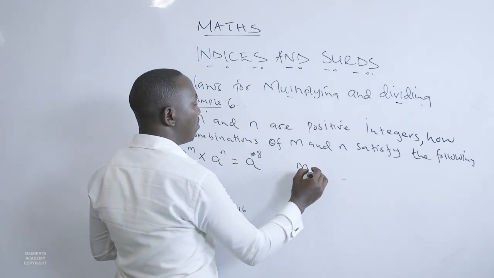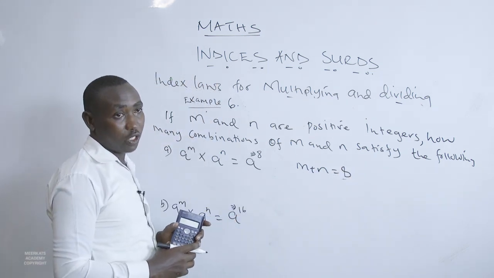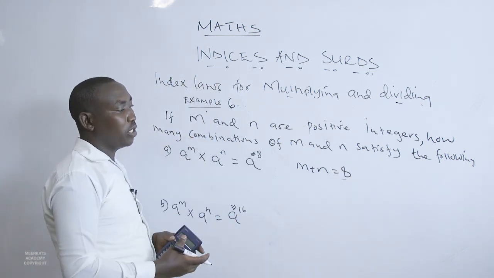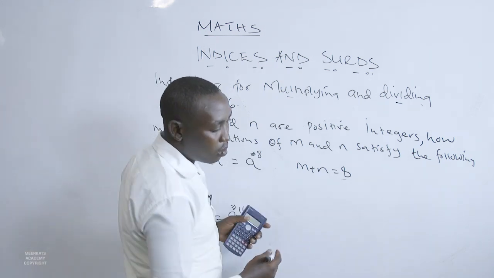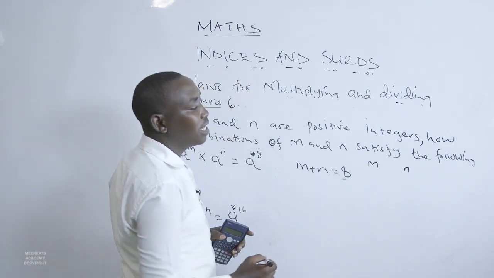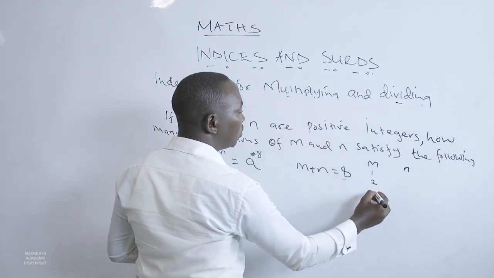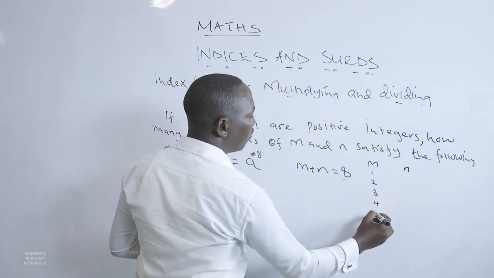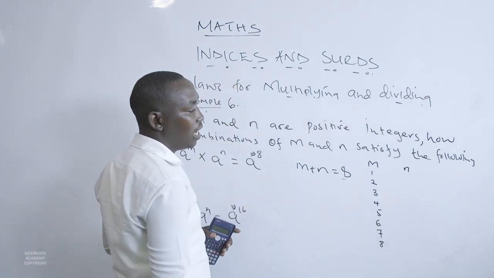So M plus N should give us 8 in the first case. So there are so many combinations. Let's say that this is M, then that is N. So we can begin with 1, 2, 3, 4, 5, 6, 7, 8.